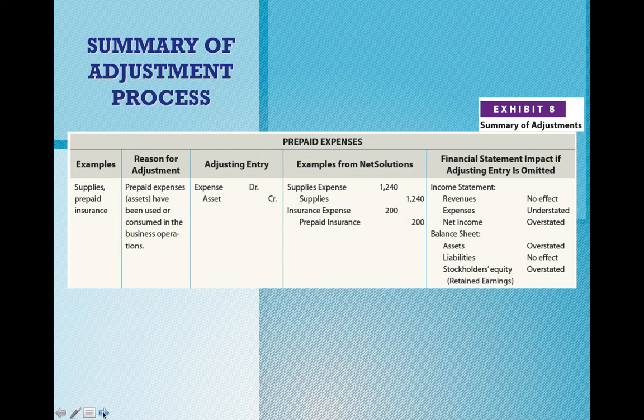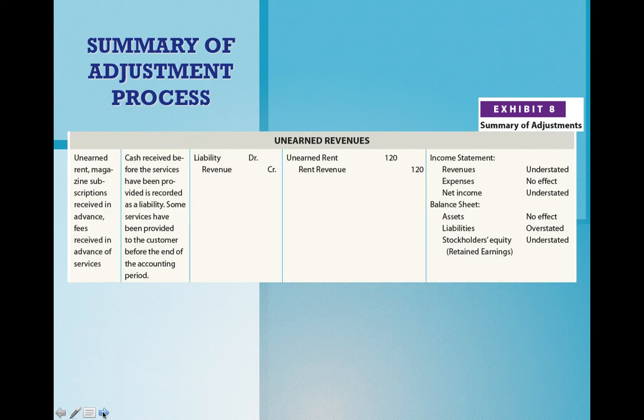As we use them up we transfer the asset into expense. You can see some examples we looked at. You can see how it impacts the financial statements. So that's what we're going to go through here, look at each one that we did and why we do it, what the journal entry is, and then how it impacts the financial statements. So remember, unearned revenues is basically a customer prepays us. Subscriptions are a really good example of that one. You can see what those entries are.